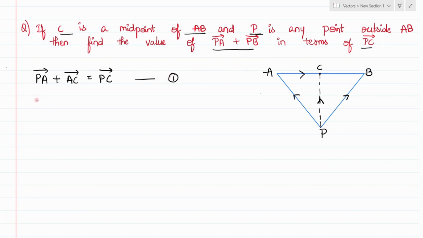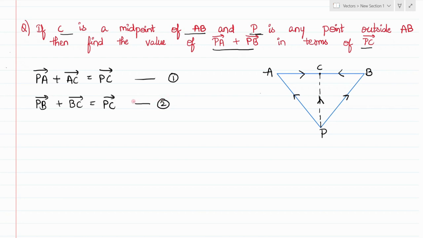And one more equation, if you observe in triangle PCB, similarly you can apply the triangle law of addition. That is, PB plus BC is nothing but PC. Why? PB and BC are the vectors which are in the same order and PC is a vector which is in reverse order. So this becomes your second equation.